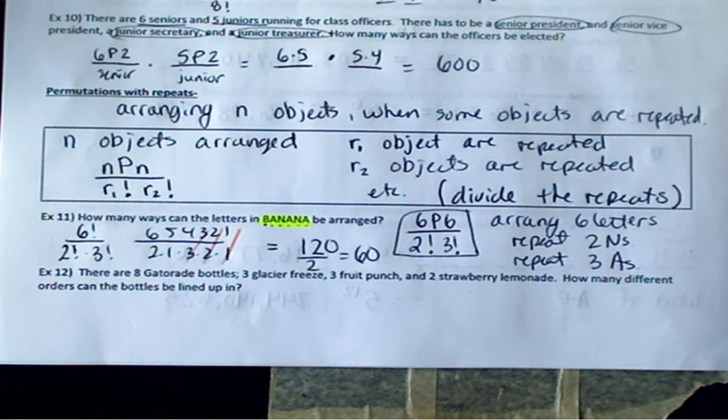Yeah, which is the same thing as 8P8: start at 8, write 8 numbers. Okay, try the last one. R3, etc., R4. It's just more complicated. No, 8 total, because there are 8 bottles and you want to order all of them.